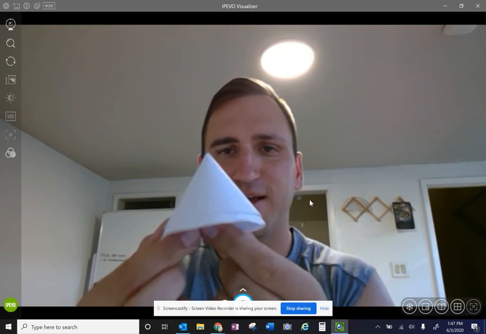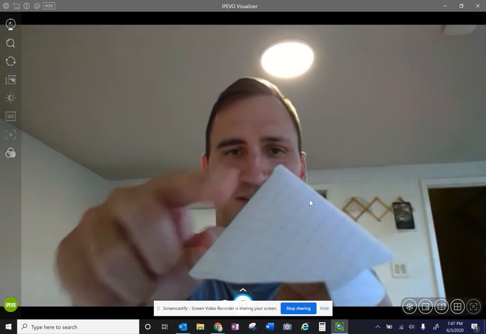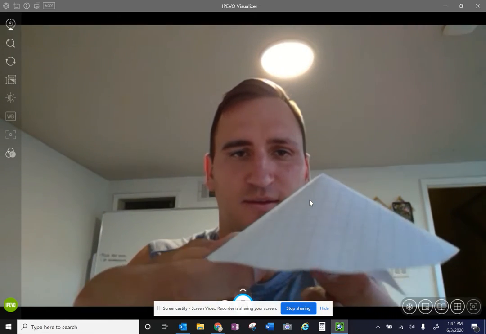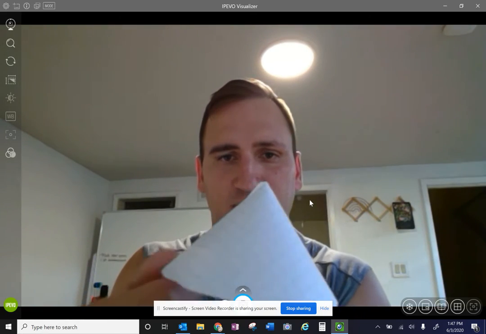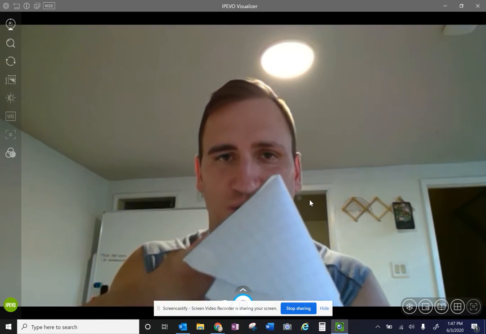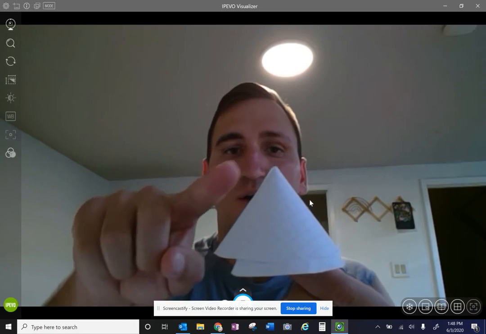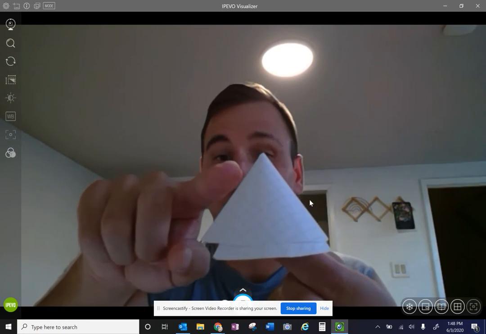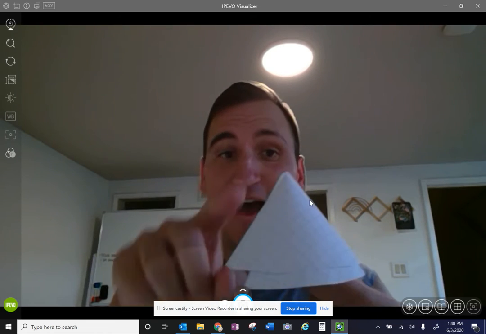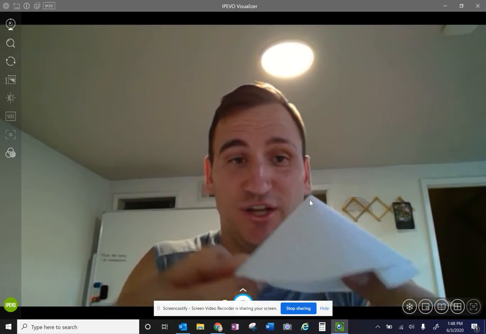Okay, so as I turn this, I want you to look at my slant height. As I turn this, my slant height is not changing. I can fold this over a lot or just a little, but my slant height is not going to change at all. However, my height from the top to the bottom is changing, right?